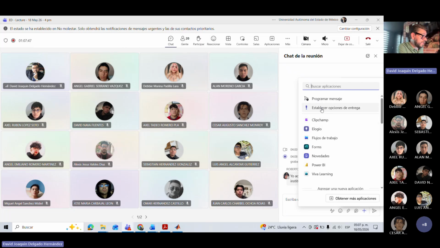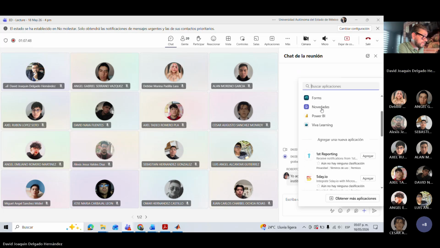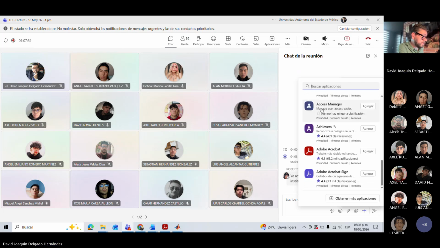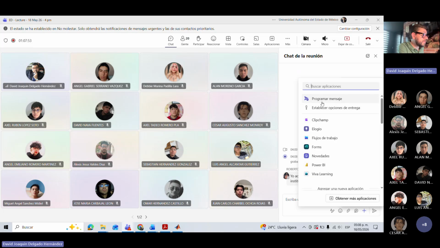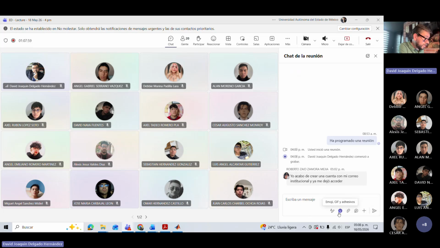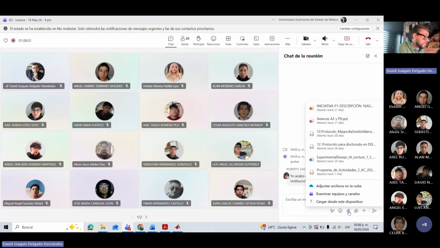How can I attach a file here? I think that it is here.